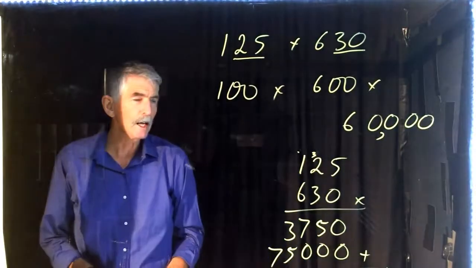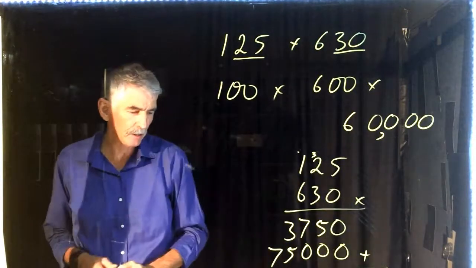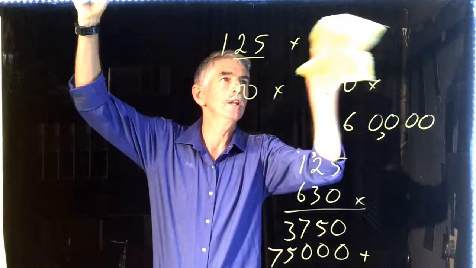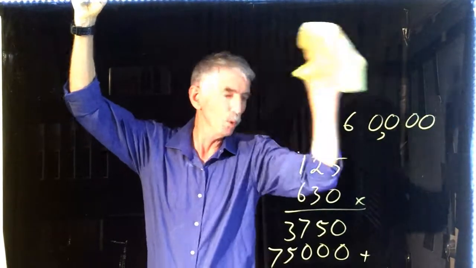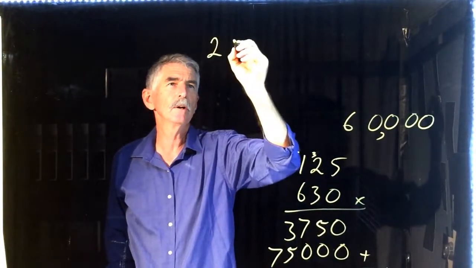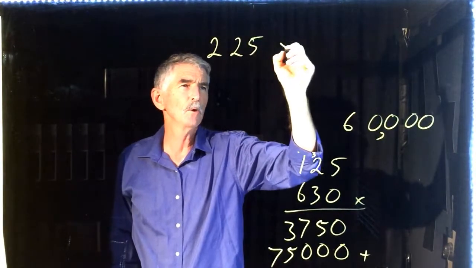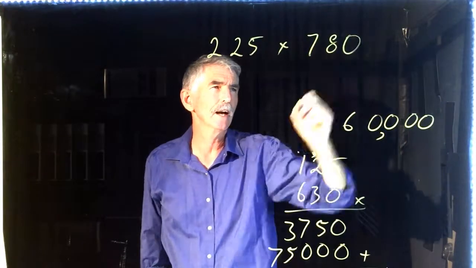So with that in mind then, how about you have a go at this calculation, and then we'll pause the screen for you to do it. So let's say we do 225 multiplied by 780.